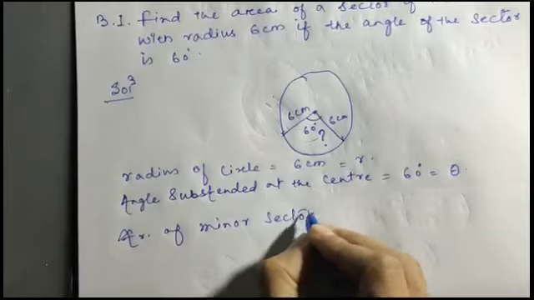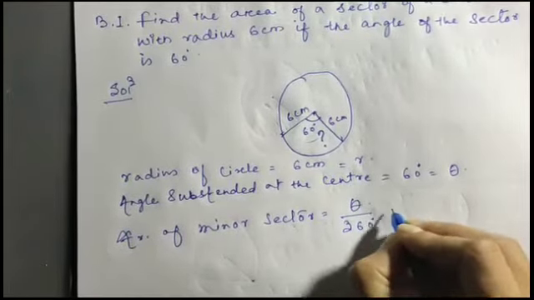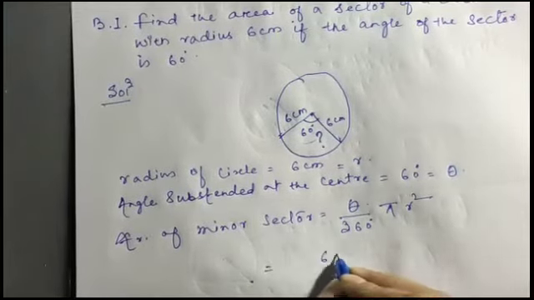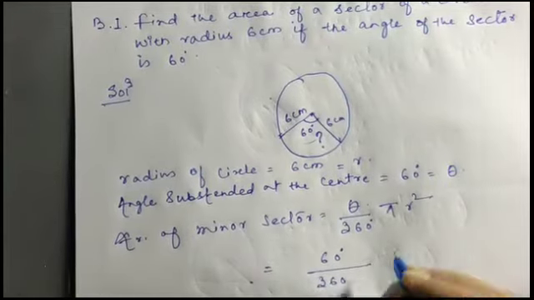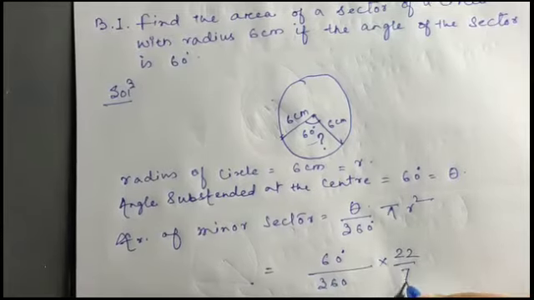Now area of minor sector. What is the formula? The formula is theta by 360 pi r square. Theta is 60 degree as given here, by 360. Pi value is not given, so we will take 22 by 7.